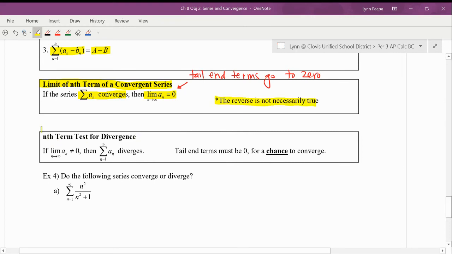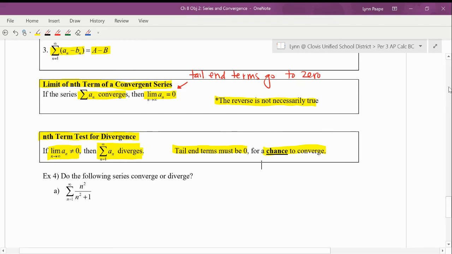Okay, so here's our nth term test for divergence, which then will address the other piece that I just said. So if the tail end terms of the sequence do not go to 0, then there is no way for there to be a sum, a finite sum. So then we would say the sum of the series, or the series, diverges. So the tail end terms have to go to 0 for there to be a chance for the series to converge.